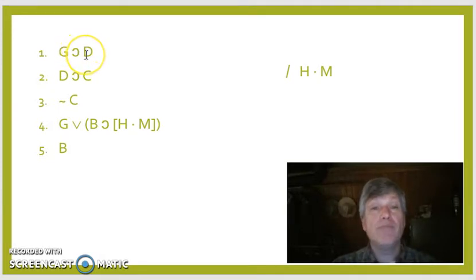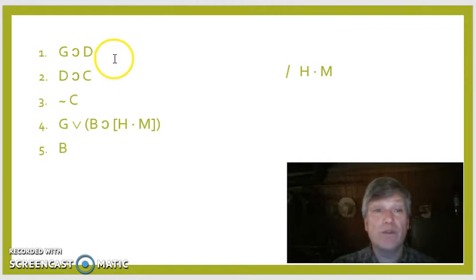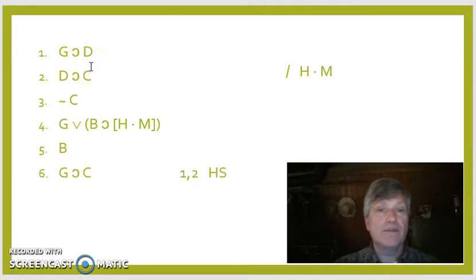Now I can make this exactly the same deduction, following the same rules of inference and just sticking with my formal language. So notice I have two conditionals here: if G then D, if G then C. Well, but hypothetical syllogism gets me if G then C. Okay, so I've got that. I get if G then C, G horseshoe C, from statements 1 and 2 by hypothetical syllogism.